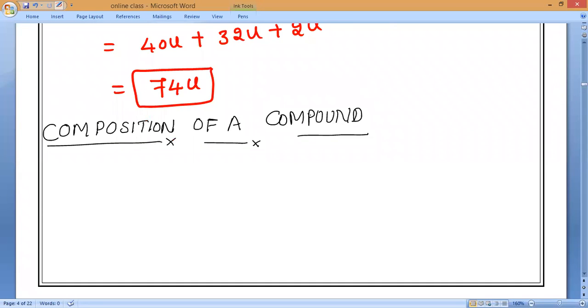For example, if I take methane, what is the methane formula? Everybody, what is the methane formula? CH4. Yes, methane is CH4. Understand, Harish, Omar? Now, if you take the methane, they are asking what is the hydrogen percentage?